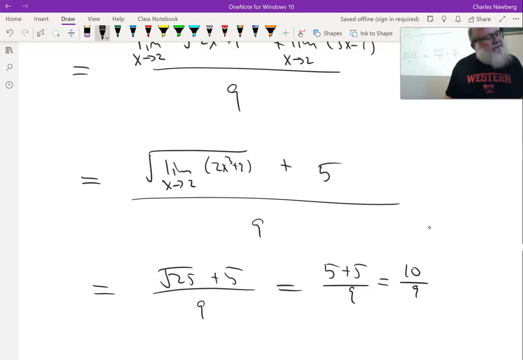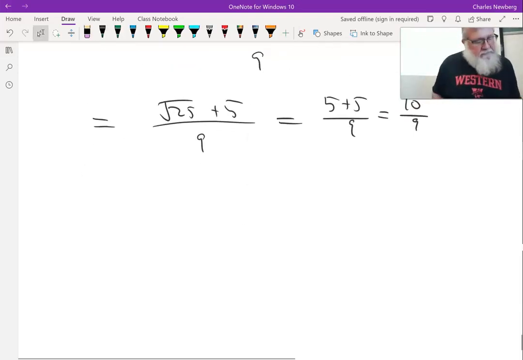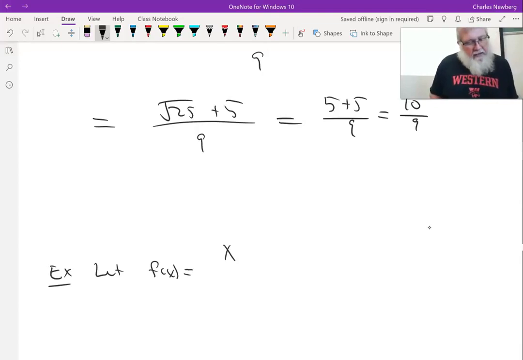Okay, so let's look at our next problem. Let f of x equal x cubed minus 6x squared plus 8x over the square root of x minus 2.